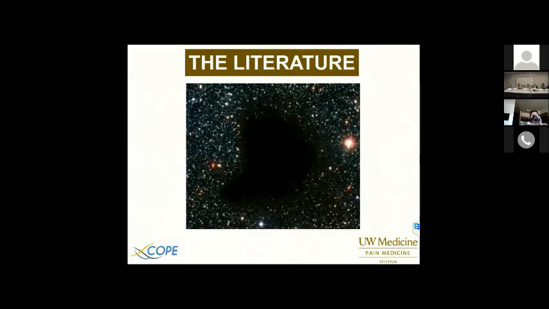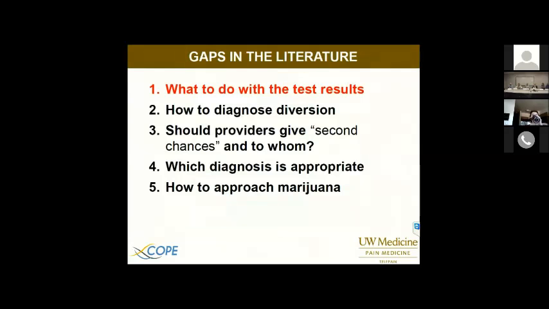So here's this black hole slide that I've been using for a number of years, and I've kept it in here because of what the literature hasn't told us about urine drug testing. We now have policies because of the safety issues, but what we don't have yet is evidence to tell us what to do with these results, especially when we find aberrant results.